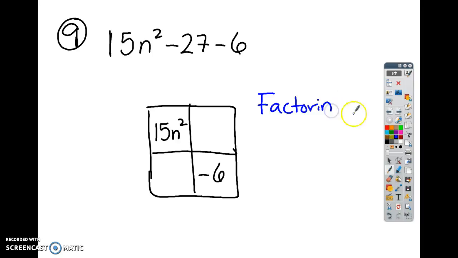But instead of putting 6 right here, we have to multiply 15 times 6, and that gives us 90. So we need factors of 90.